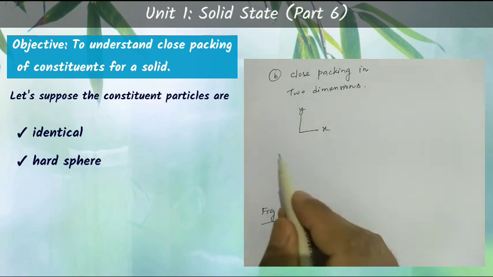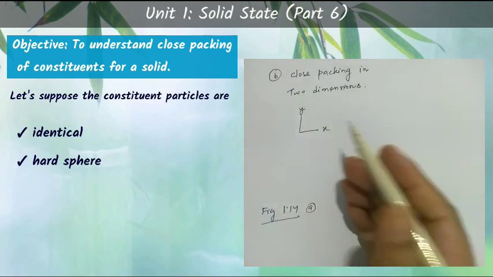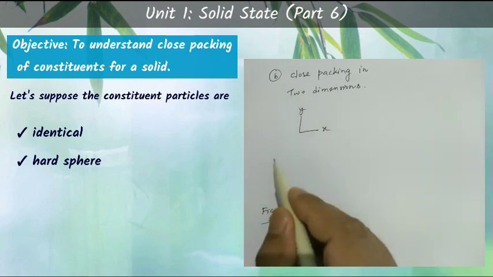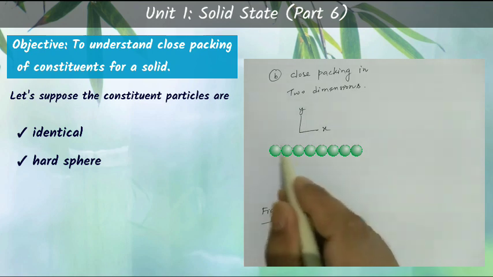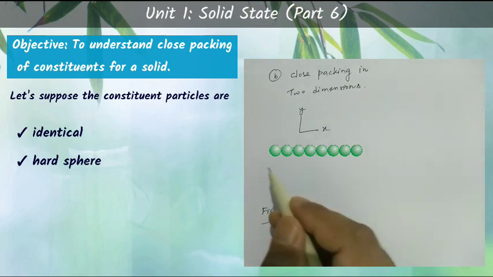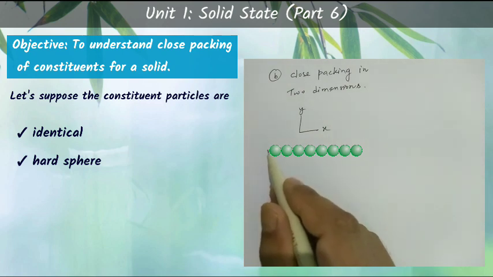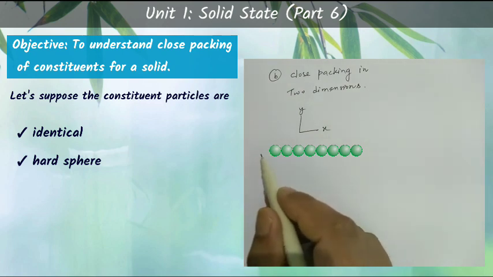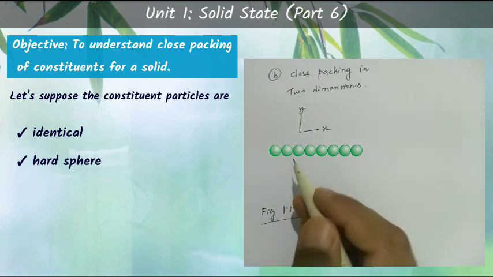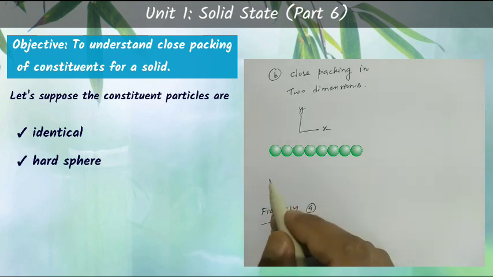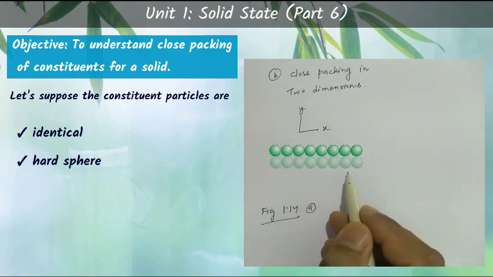First the constituent particles will be packed in one dimension. Then another row will form. Suppose this is the first row, and the other row of constituent particles will be exactly above those of the first row.